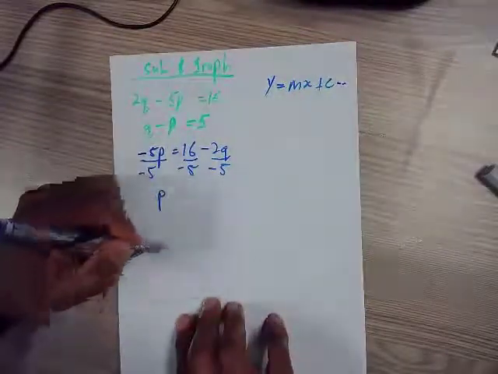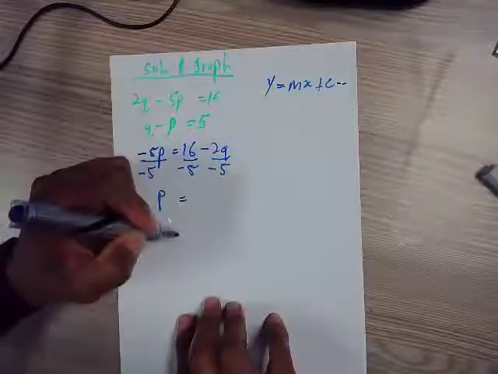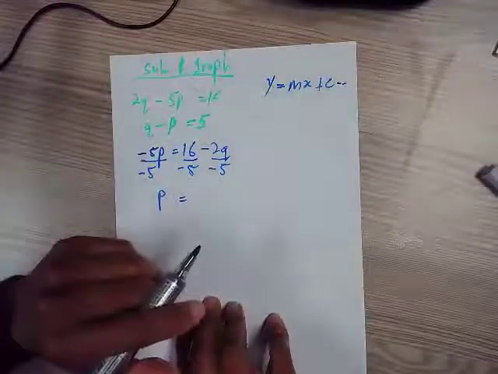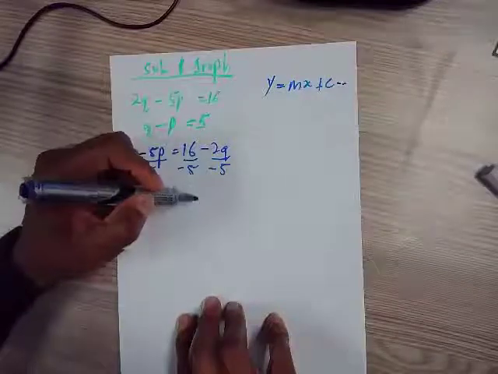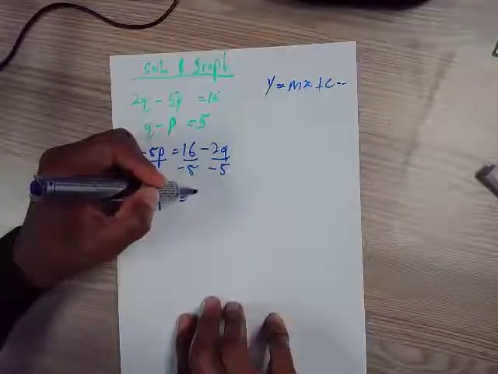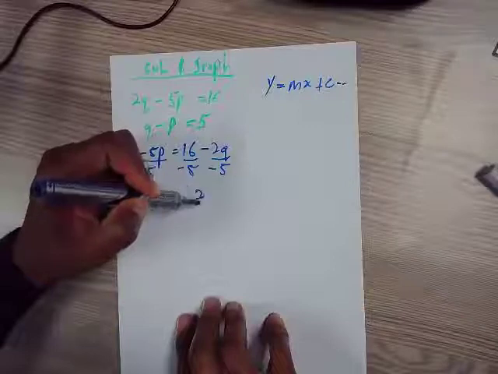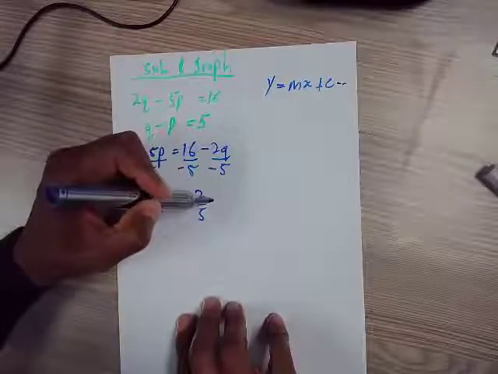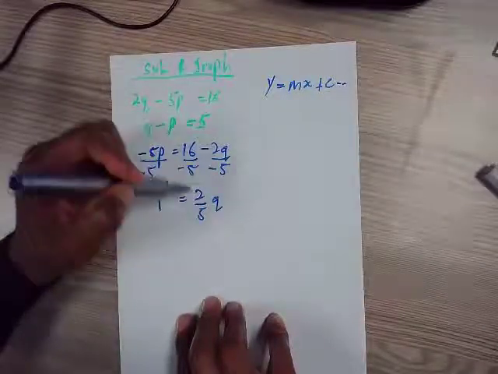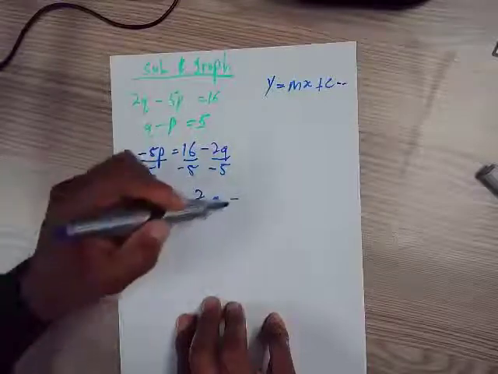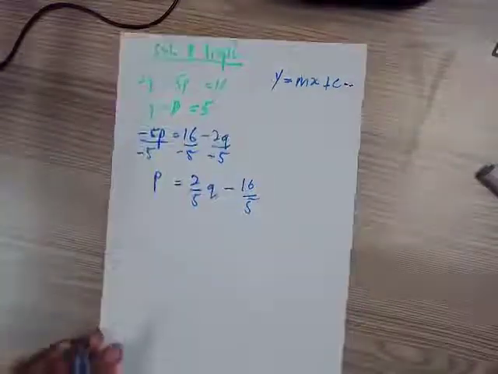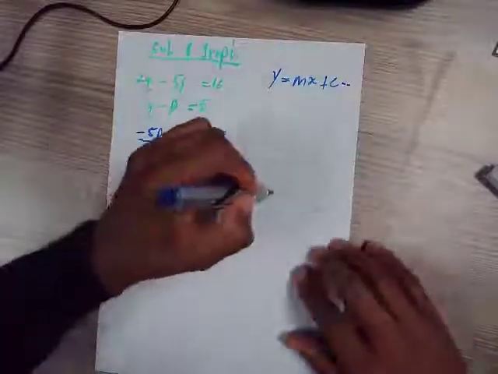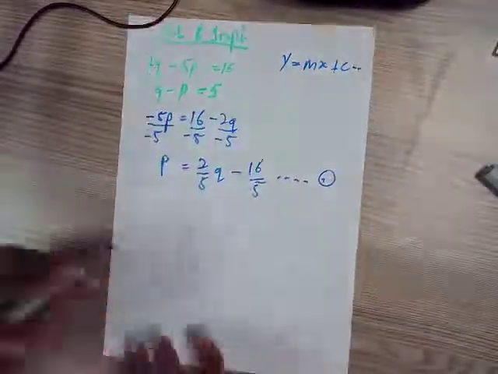I'm going to be left with the p variable, and here is going to be 16 divided by 5, right? So I'm going to put it to the other side, and here it's going to be positive 2 over 5q, right? Take that to the other side, and it will be 16 divided by 5. Okay, that's your equation 1, right?